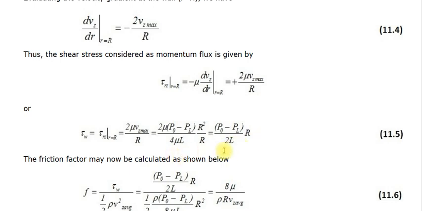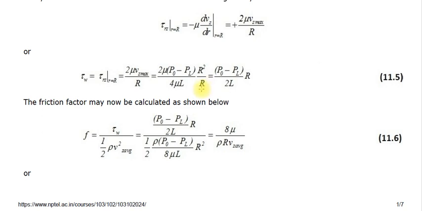This equation we had already developed during the pipe flow problem, which I discussed before mid semester. You can refer to the notes I gave you before mid semester for the derivation of this equation. When you substitute the value of tau w in the original equation, you will get the friction factor.